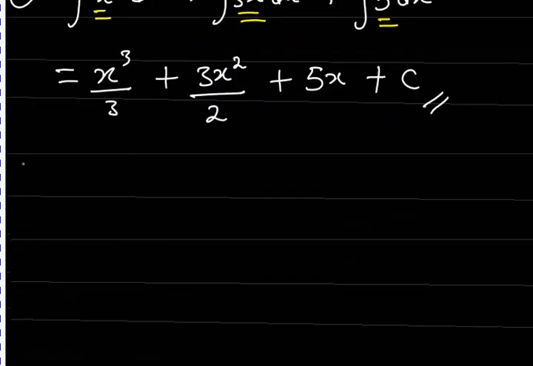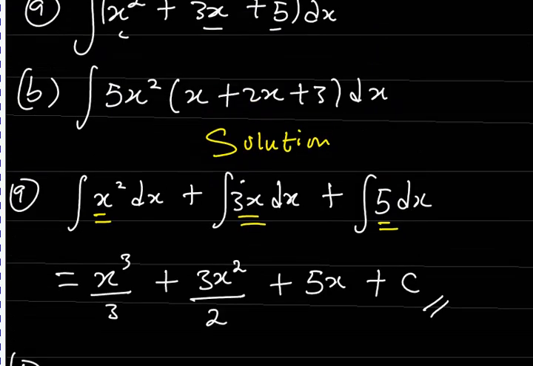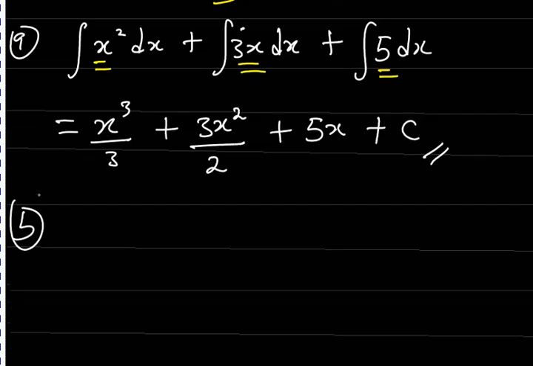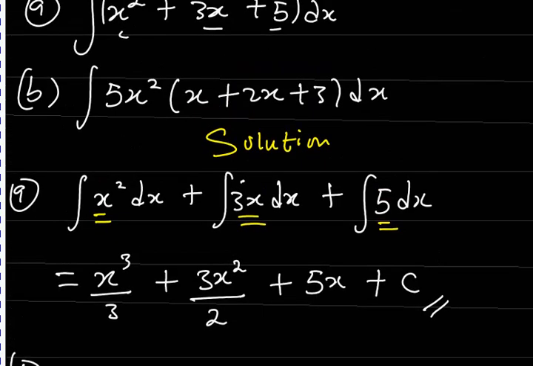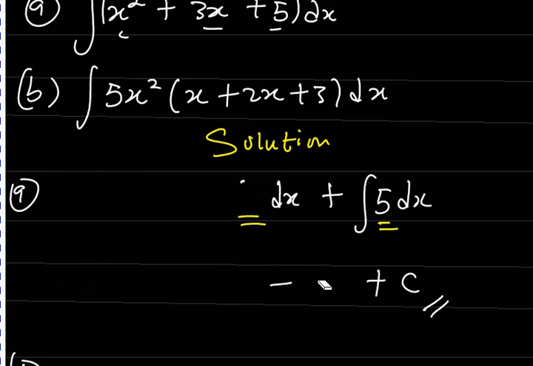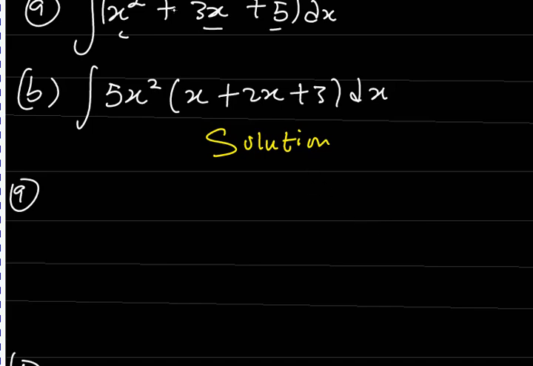Then B. In the case of B, I will just simply expand this. Let me clear this so that I will be seeing the question. All right, so here we go. If I expand this, I'm going to have the integral of 5x cubed.